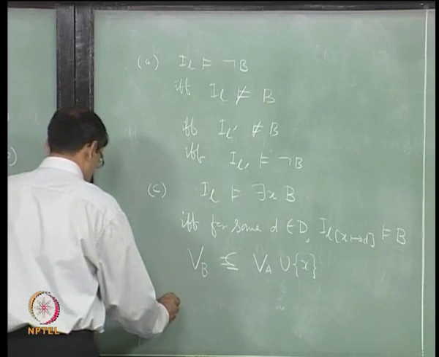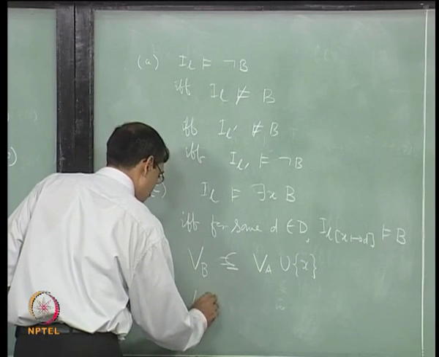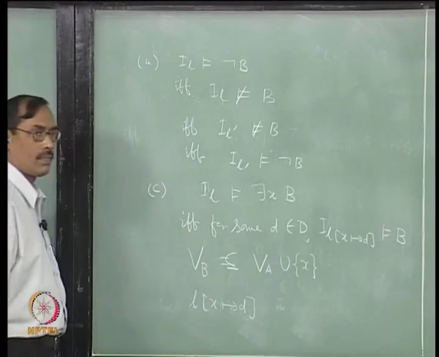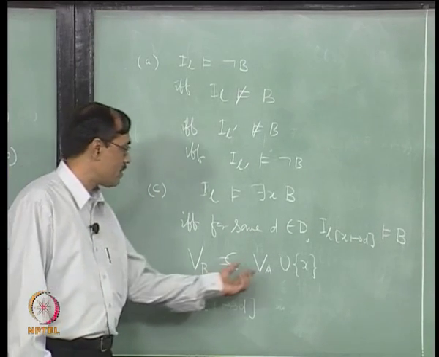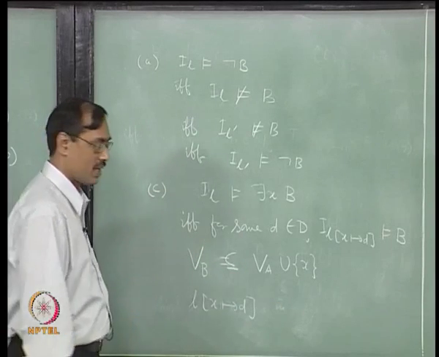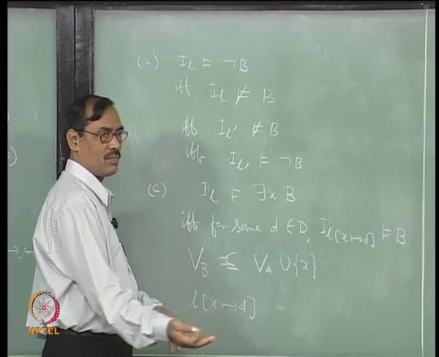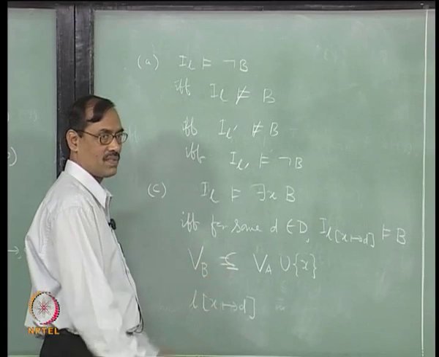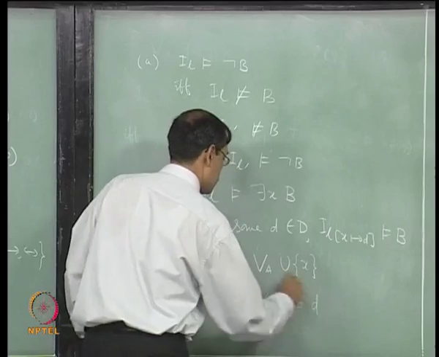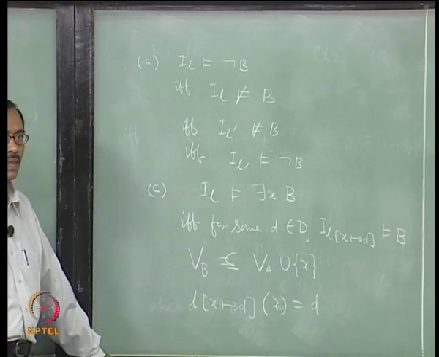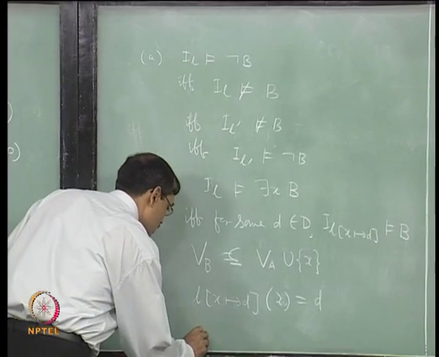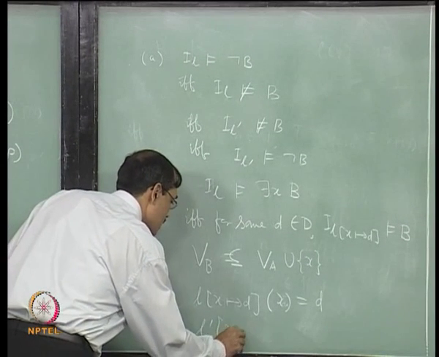Now, let us see L x fixed to d of any variable in A, we are not worried, only for x we are verifying. If you take any variable y, that of course comes as it is, then of x is equal to d. Now, what about L prime x fixed to d?